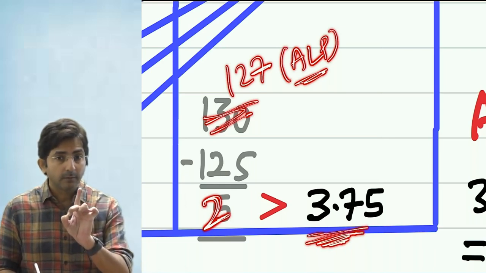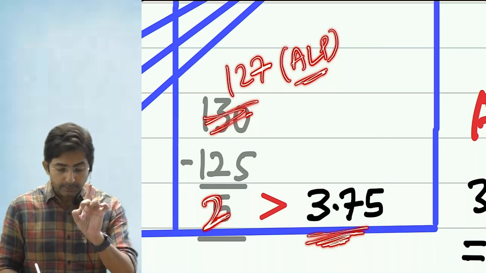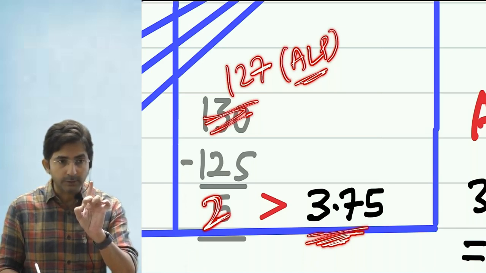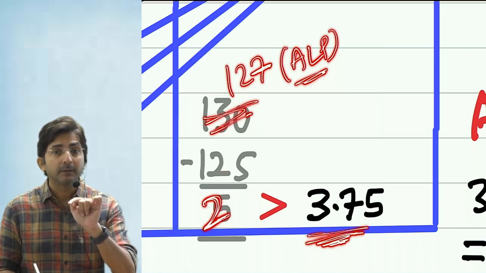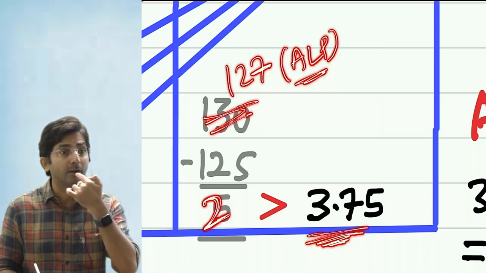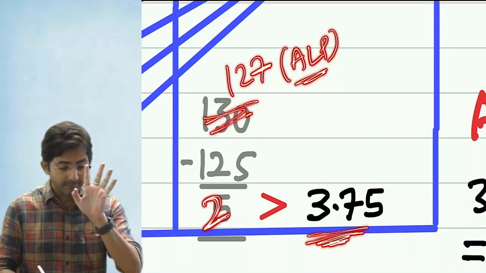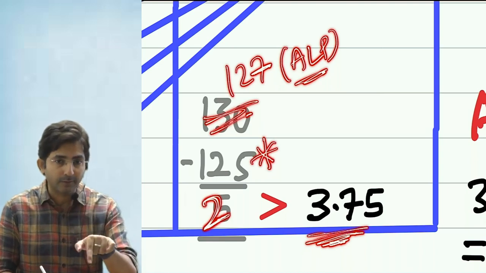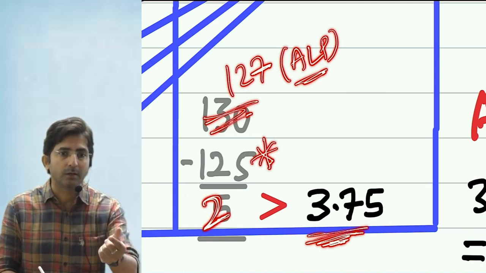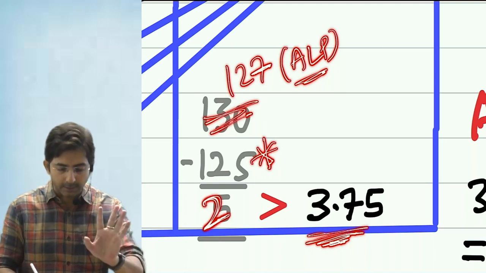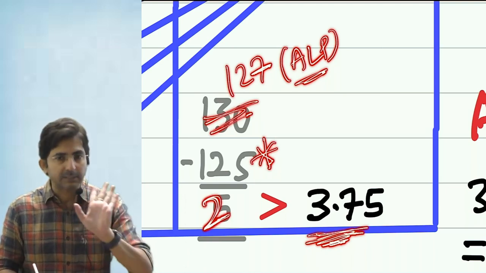Many students are thinking that sir has changed the figure, so 3.75 will also change. No. You notice which figure I have changed? The ALP. But that 3.75 is 3% of the actual, and I have smartly kept the actual as 125 only. 125 is actual, so 3% of that still remains 3.75.